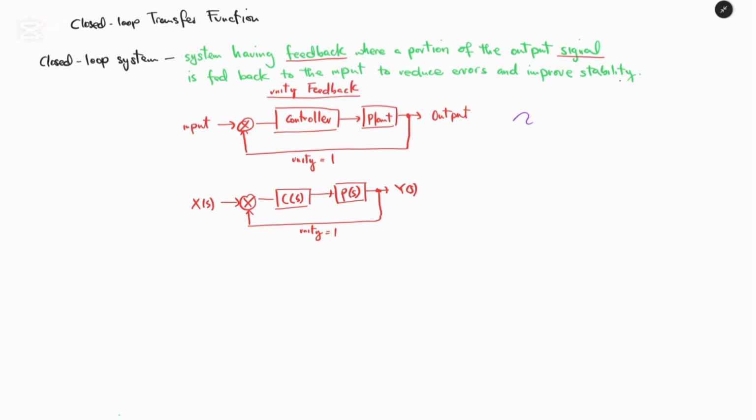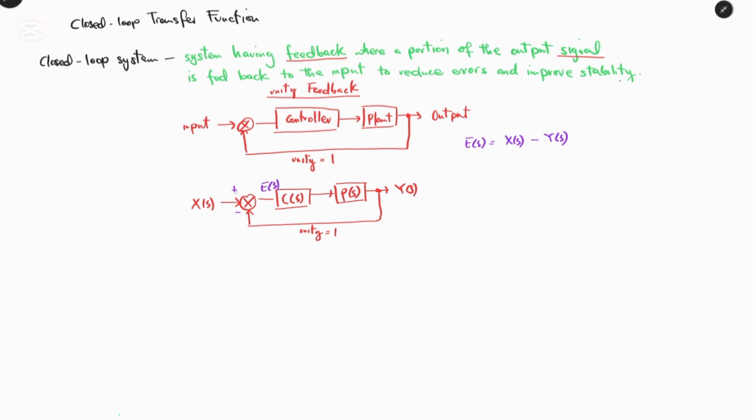And we can apply the same method such that this will become E of S, and because this is unity, we can say the unity is equal to the output Y of S. So we can say E of S is equal to X of S, and if we have plus and minus, we can say minus Y of S. Simple as that.